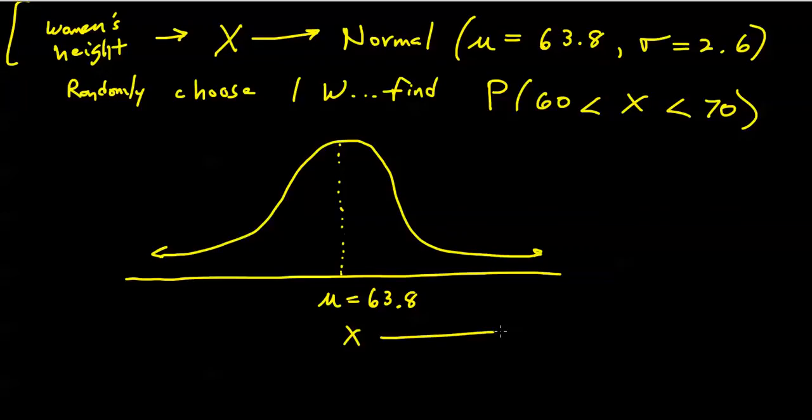Now remember that we're no longer dealing with a z variable here. This non-standard variable, I'm going to call it an x variable. Some women are tall, some women are short, but most women seem to be in the middle of the road within a neighborhood of 63.8 inches. So I think you'll agree.